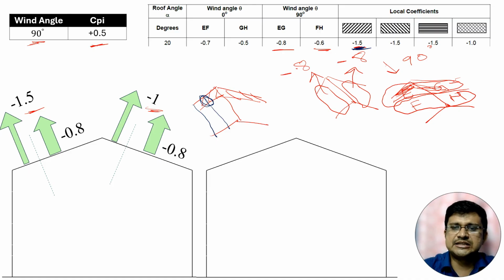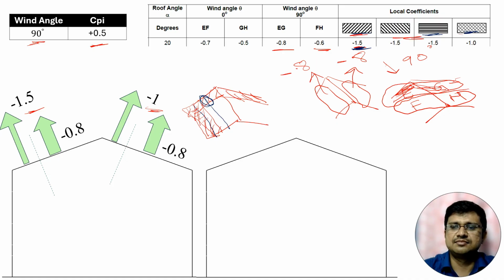But this local coefficient is very important, because it may happen that one purlin comes inside the effect of the local suction. So this purlin can be affected by the local coefficient. So this direction is more important for the local coefficient than this direction. This local coefficient is not that important.